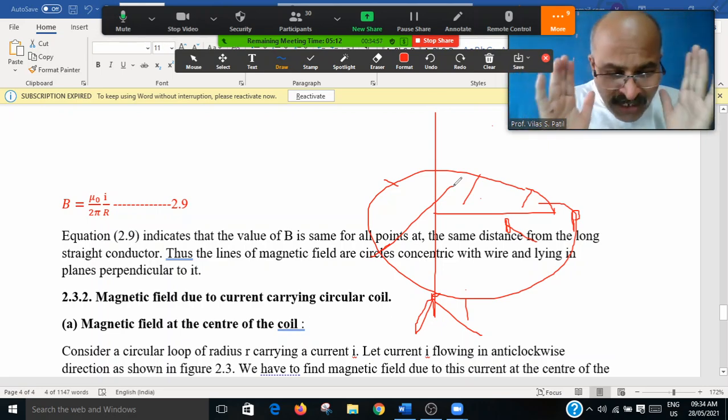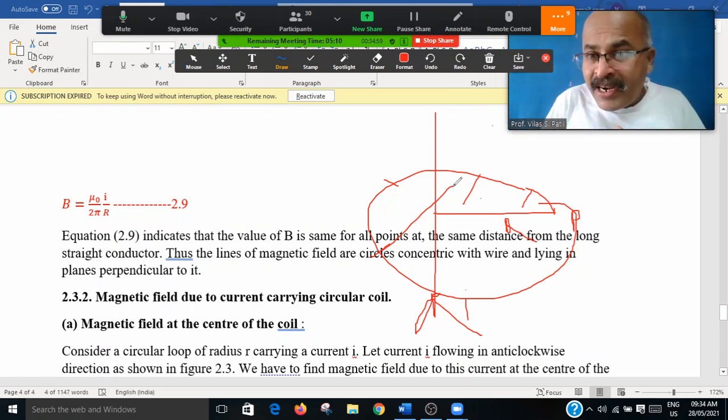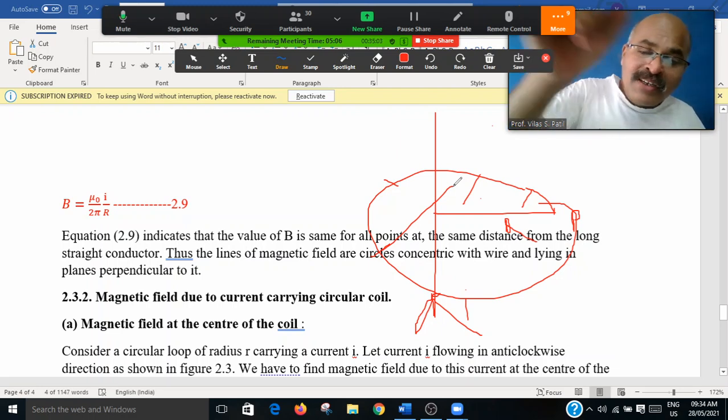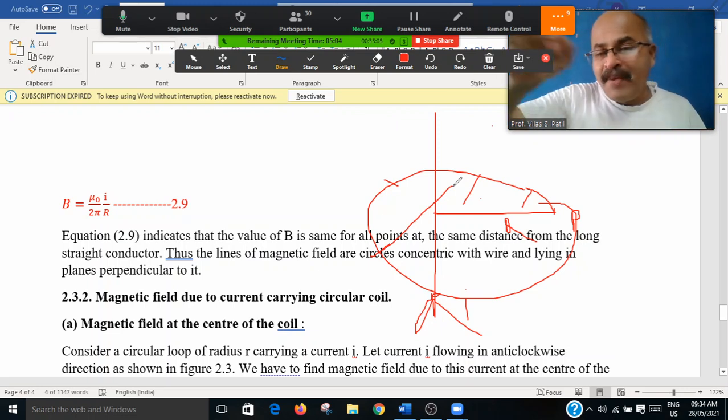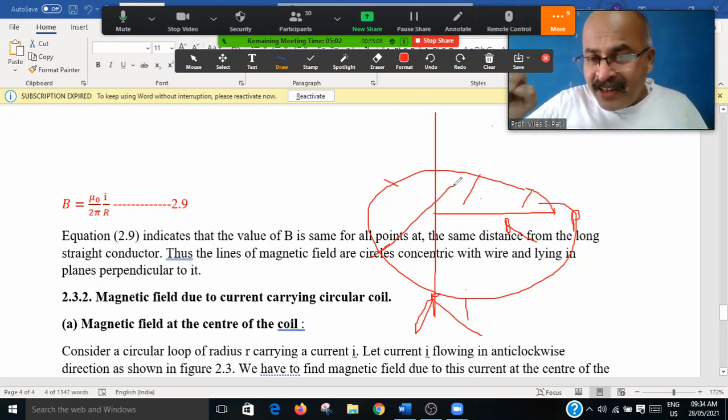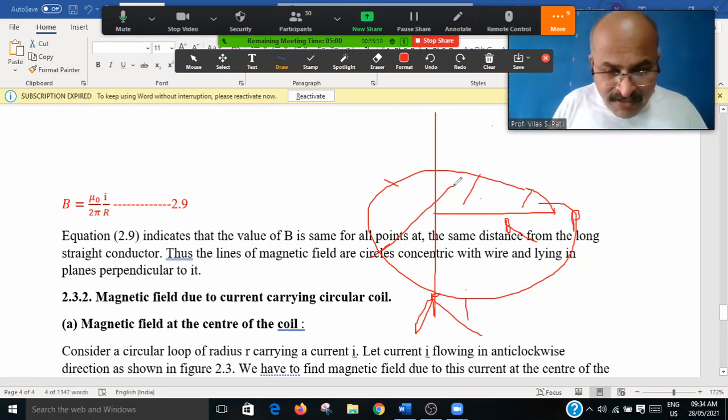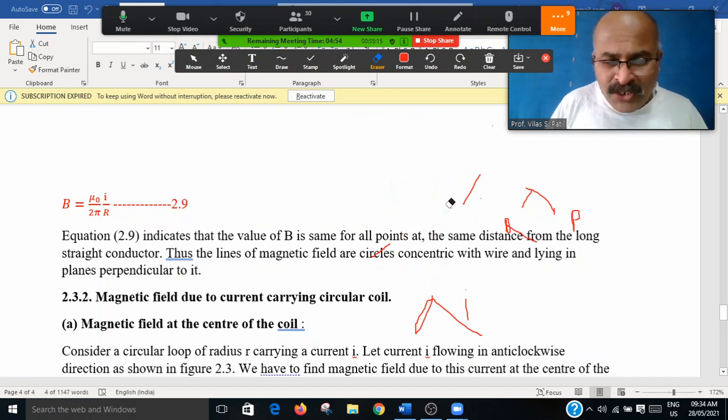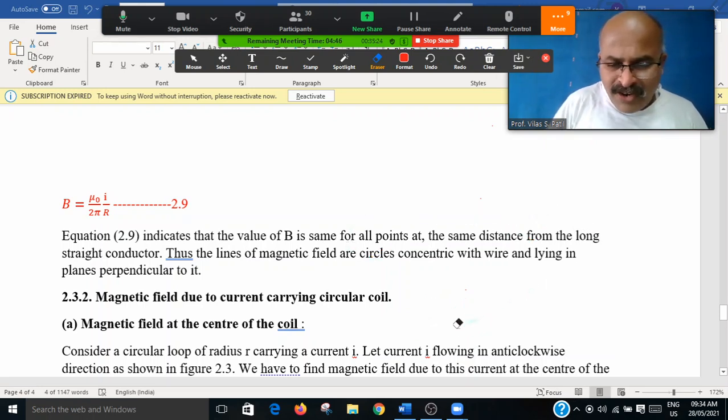This is the magnitude of the magnetic induction at a point P at a distance r from the conductor, and it will be the same on the circumference of the circle having the radius r. This is the first beautiful application of the Biot and Savart's law, friends. And here we completed the application of Biot and Savart's law.